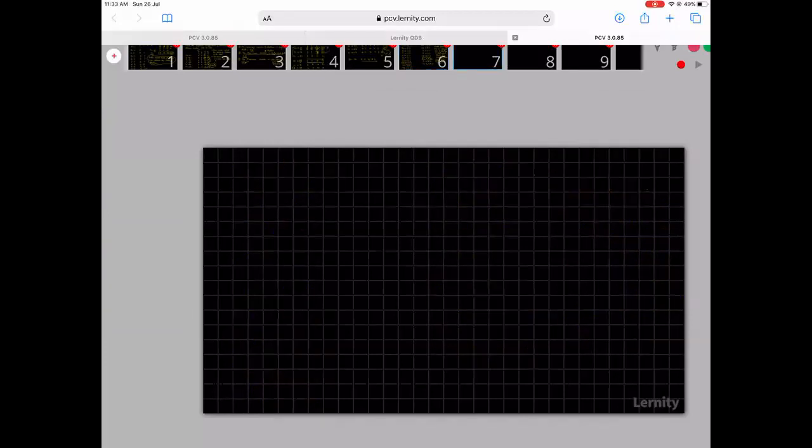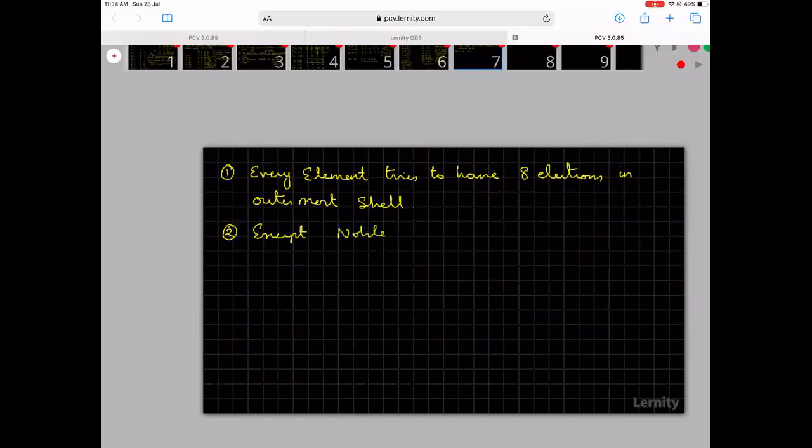Okay, so here we will write down that every element tries to have 8 electrons in the outermost shell, except noble gases, as they already have an octet.